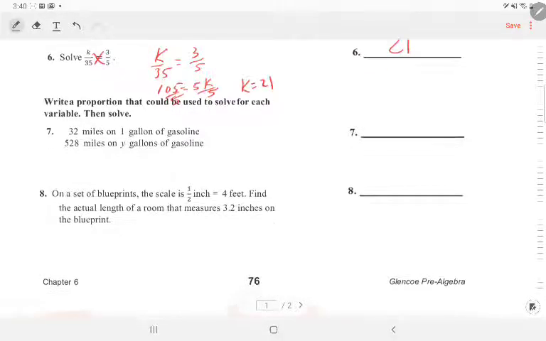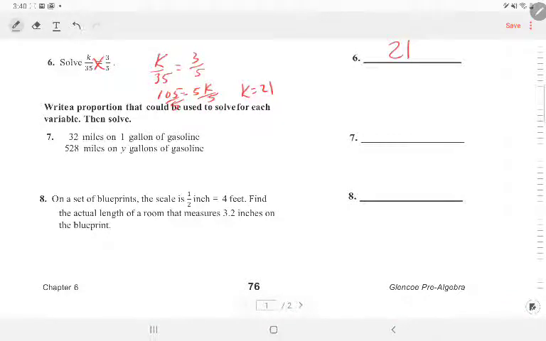All right. So we are to write a proportion that can be used to solve for each variable, then solve. So this is a 2-part problem. The first part is we have to write a proportion. Well, we could say 32 miles to 1 gallon would be equal to 528 miles to X gallons.